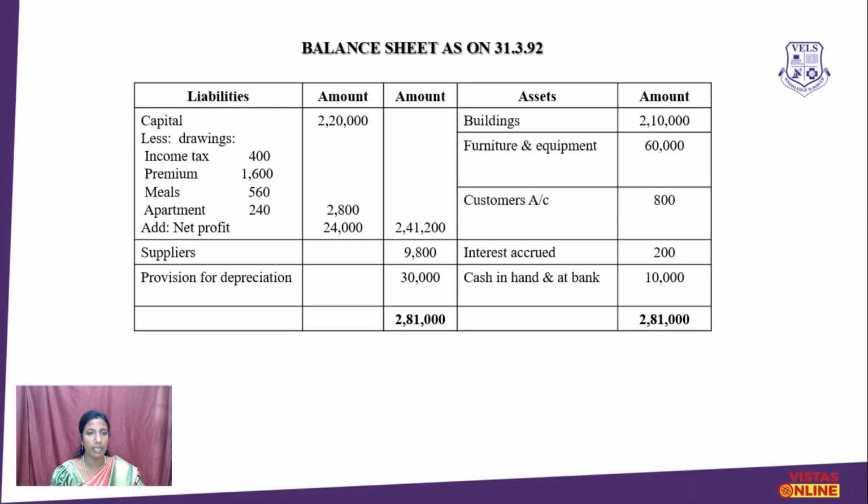Add net profit of 24,000. So capital minus drawings plus net profit.